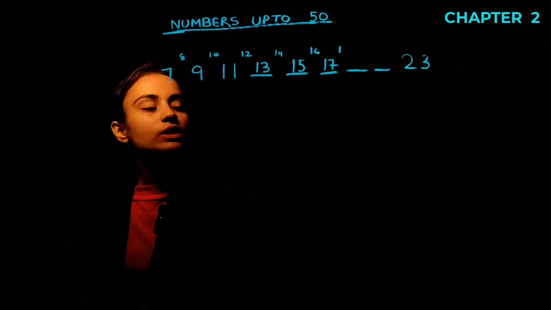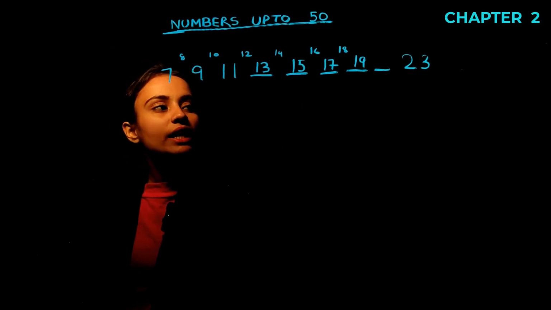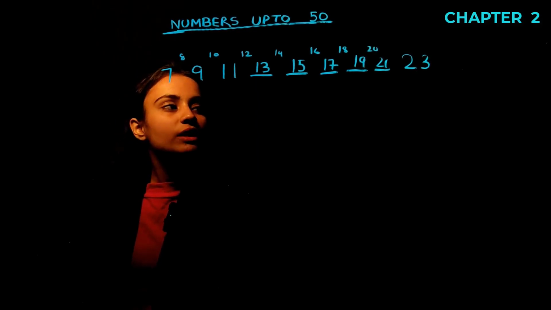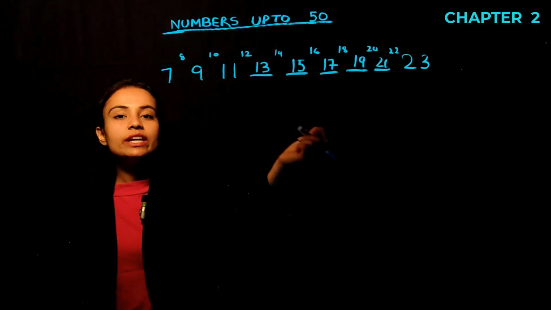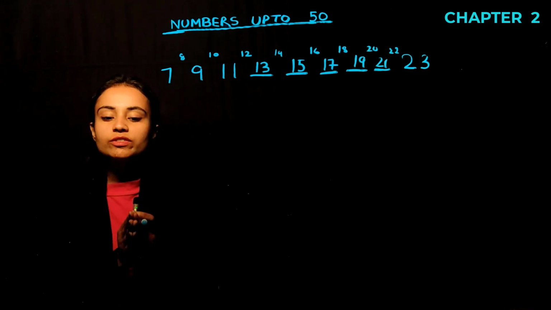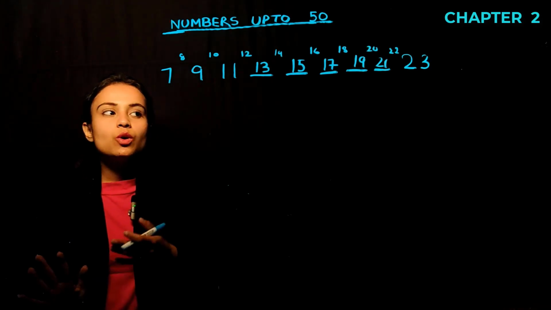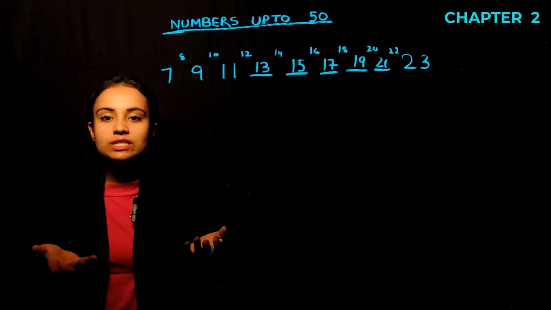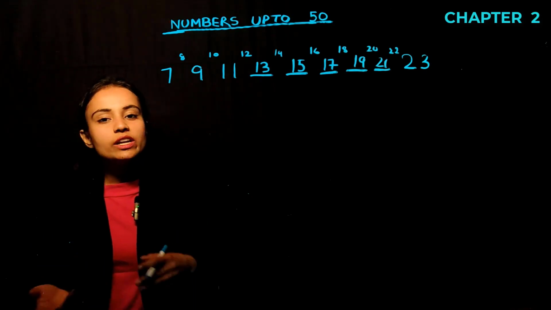After 17, we'll skip 18 and write 19 here. After 19, we'll skip 20 and write 21. After that, we'll skip 22 and 23 is already written there. In a similar manner, we have to do the rest of the parts of this question. So I hope you can do them by yourself. If you have any doubt, you can refer to your teacher.